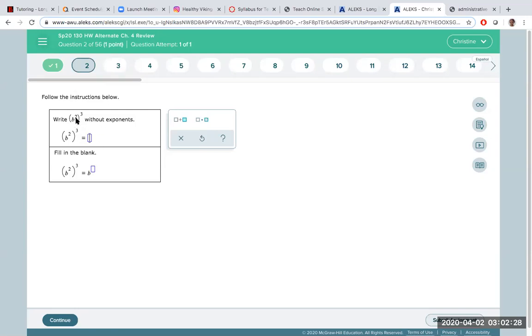Write b to the 2nd, the quantity to the 3rd without exponents. That's b squared, which is b times b, and that's 3 times. Okay, which is the same as b to the 6th.